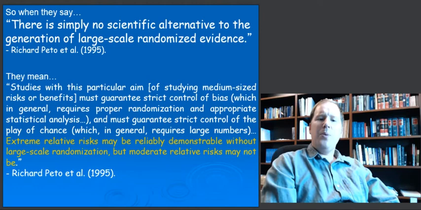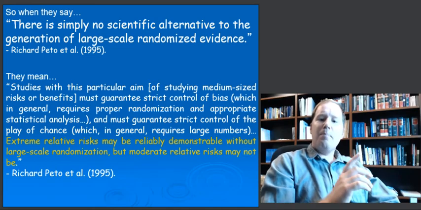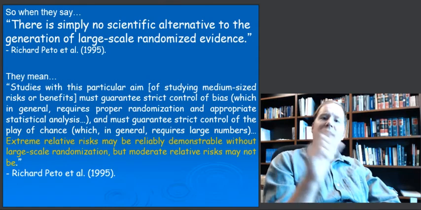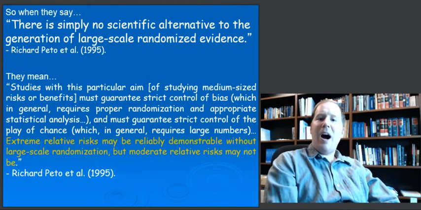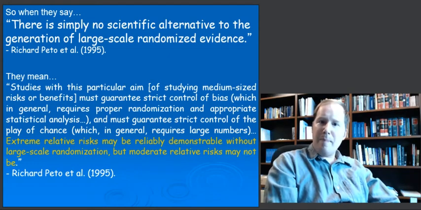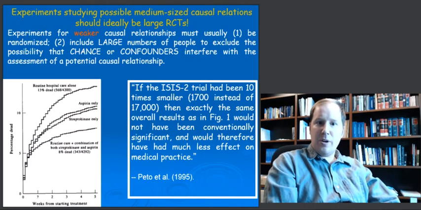However, what he really meant in saying that was the following, that studies that have extreme relative risks in them may reliably be demonstrable of causation without large-scale randomization, but moderate relative risks may not be. In other words, if the risk is not that large, then you might need a higher quality study in order to measure it. But if it's a massive risk, then you might not need as high a quality study in order to determine it.